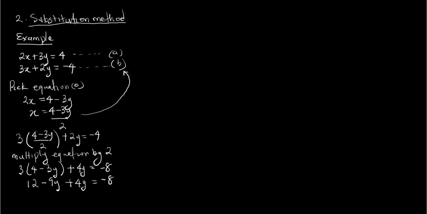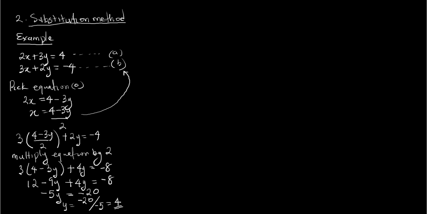So at this point, if we solve for this, we're going to get minus 5y is equal to minus 20, right? If you cross the 12 over to the other side, we have minus 8 minus 12. So therefore, my y is going to be minus 20 divided by minus 5, which is equal to 4. So we've got the first value.